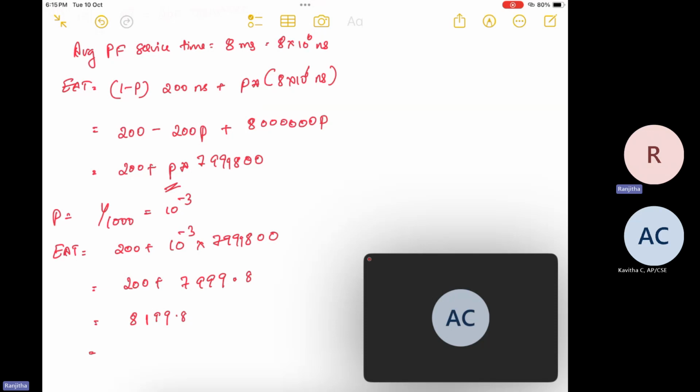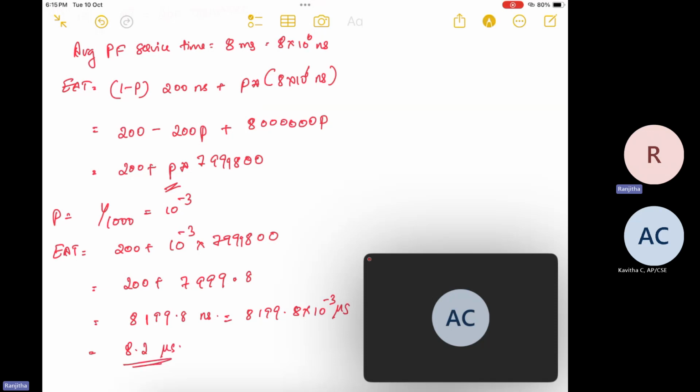This is in nanosecond, so we can say 8.2 microsecond, which is nothing but 8199.8 into 10 power minus 3 microsecond, which is 8.2 microsecond.